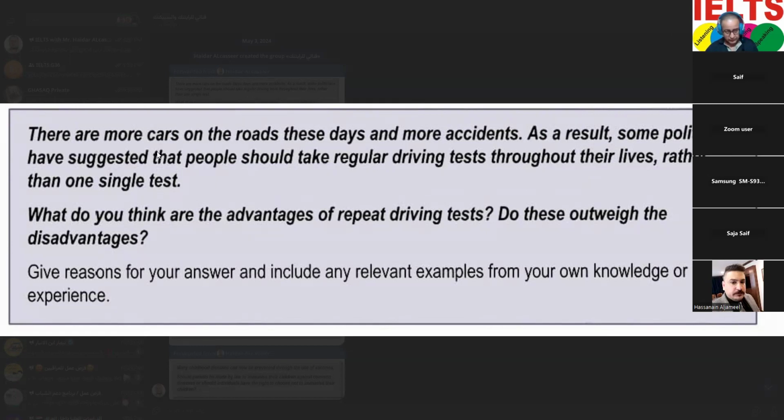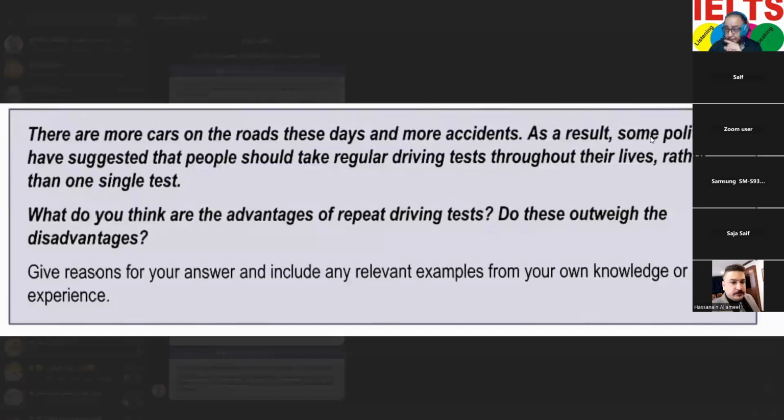Paraphrase, rewrite it in other words, giving the same precise meaning. What to paraphrase here? Here it has important information you need to mention in the first sentence of the paraphrasing sentence in the introduction. More cars on roads these days, more accidents.